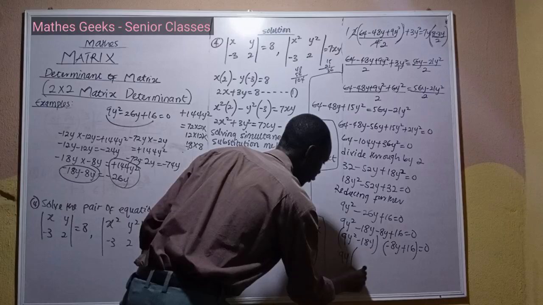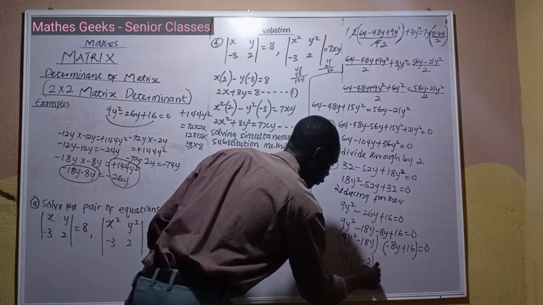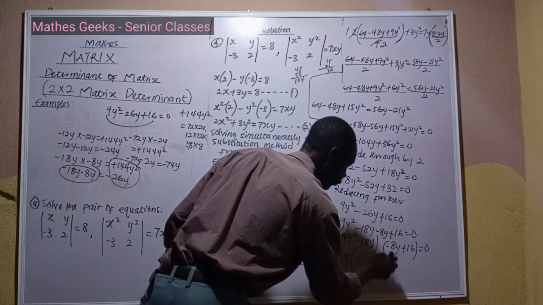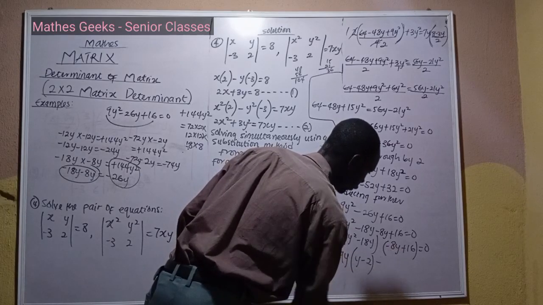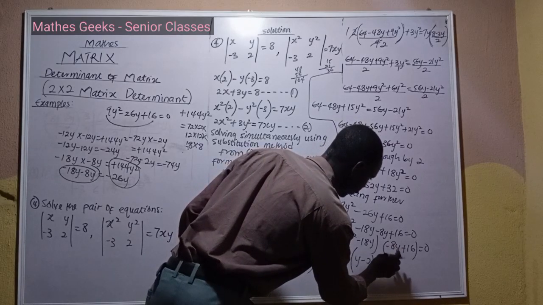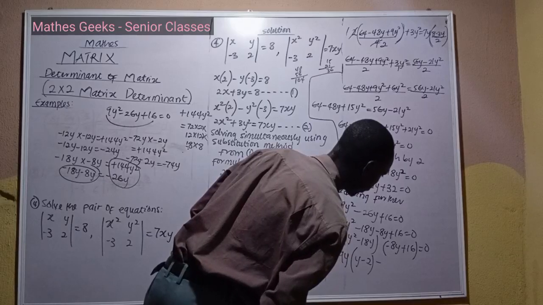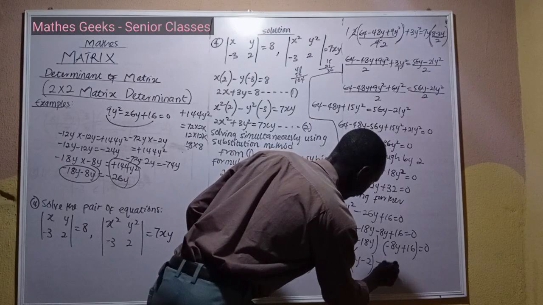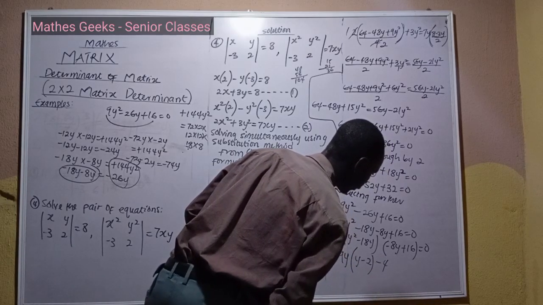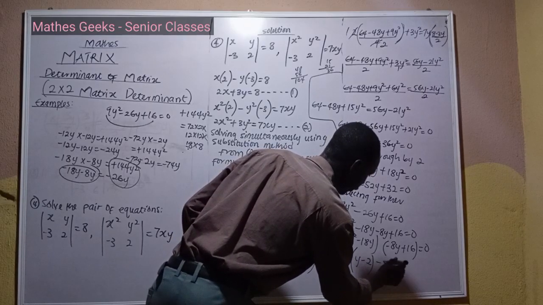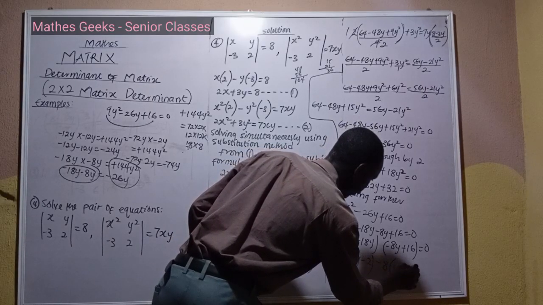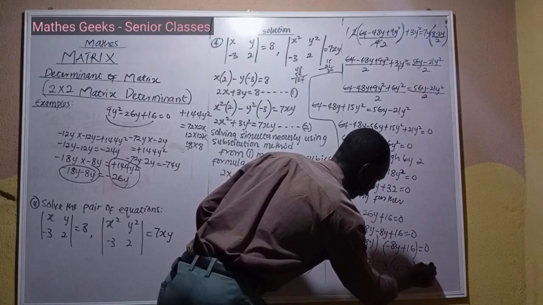Factor out 9y from the first two terms: 9y(y minus 2), and from the last two terms, minus 8(y minus 2) equals to 0.